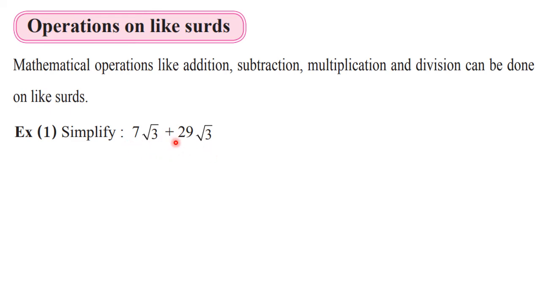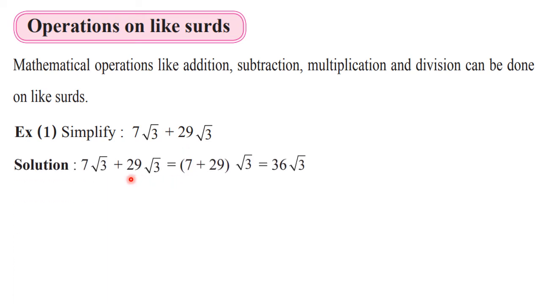Now while adding this, we are going to add only the rational part, as in the example 3x plus 2x is 5x. Similarly here also we are going to add only the rational part, that means 7 plus 29 we have to add, and root 3 we are writing outside. We are taking out common. Root 3 is common here, and inside the bracket the remaining part, that means 7 plus 29, the rational part is written.